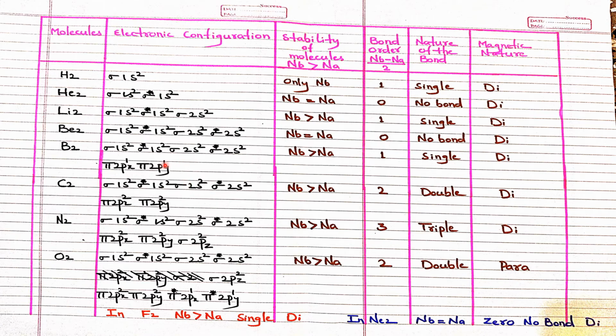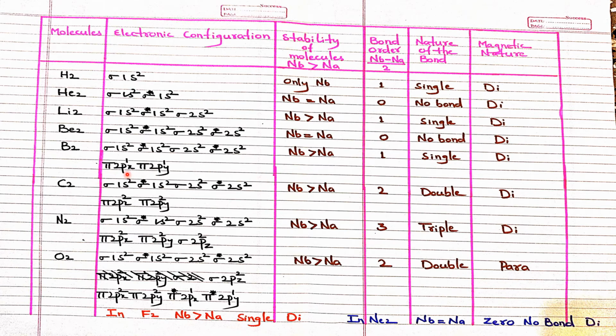All are paired. Please see boron 2: 2, 2, 2, 2, 8, 8, then 9, 10. What is boron? Boron is 10. It is actually these two have equal energy, no?